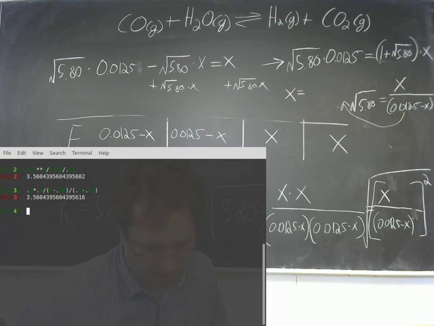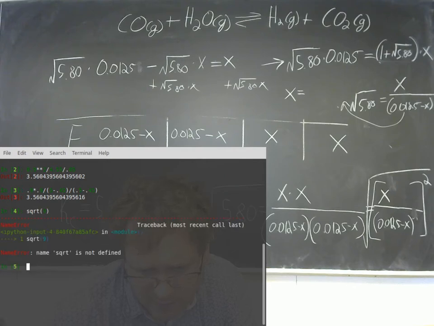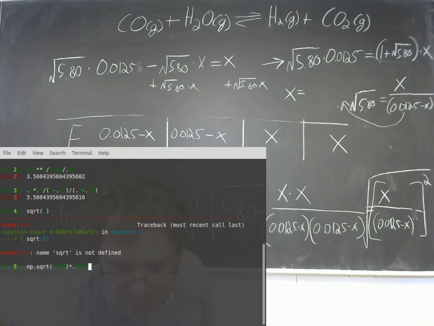Hold on, let me see if I have square root defined. I don't. Okay. So the square root of 5.80 times 0.0125 divided by 1 plus the square root of 5.80.